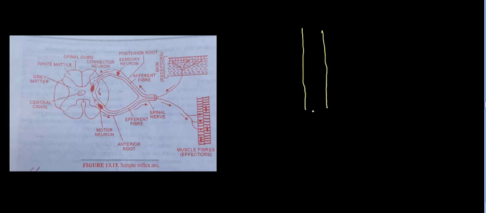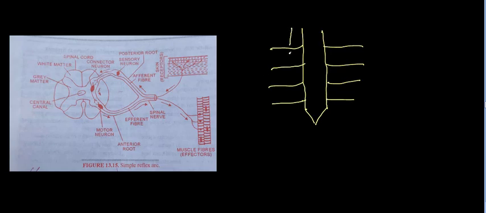This is the diagram of the spinal cord, and from the spinal cord many spinal nerves arise. The spinal cord is protected by the vertebral column.